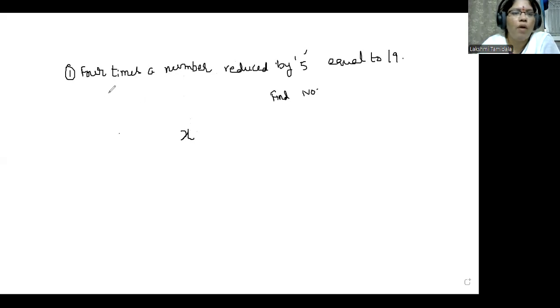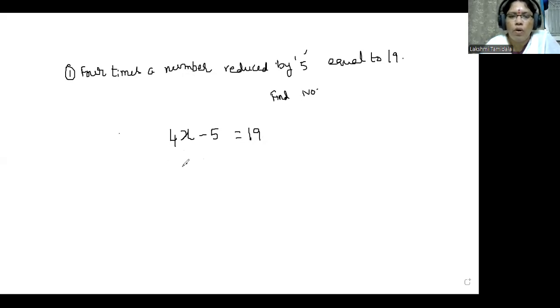So 4 times a number means 4 times x, which is reduced by 5, means 4x minus 5. Reduced by 5 means we subtract 5. So they have given that this is equal to 19. So 4x minus 5 is equal to 19. This is the equation we need to construct to find out the number.